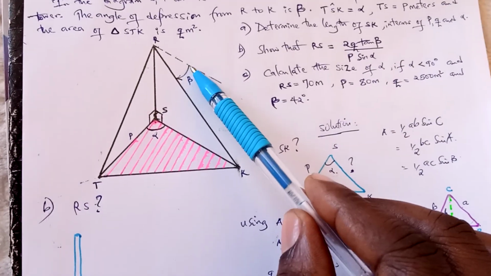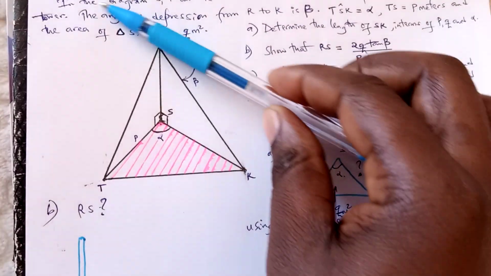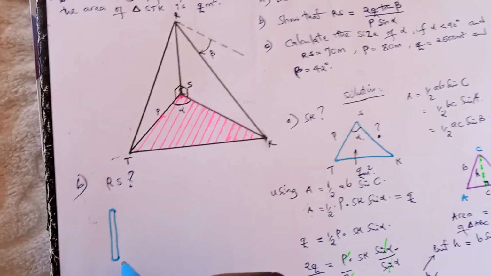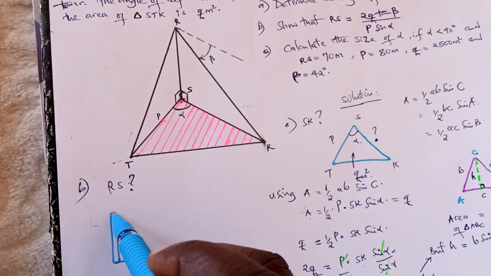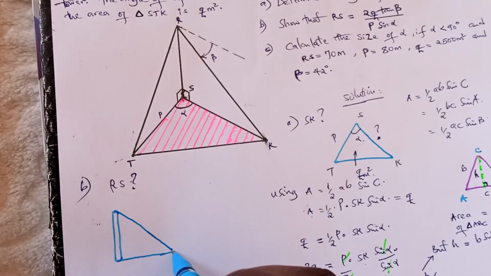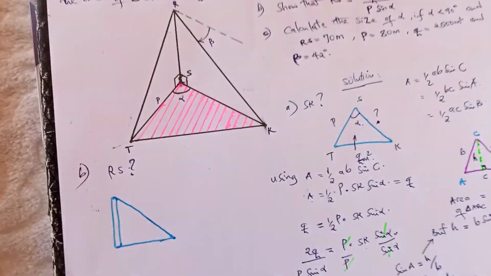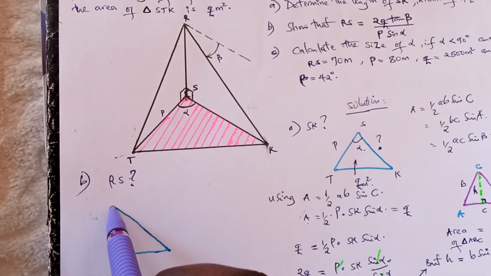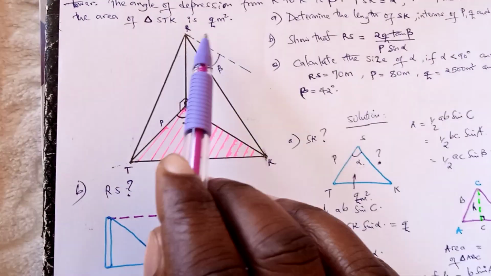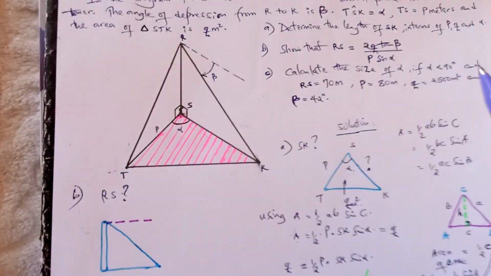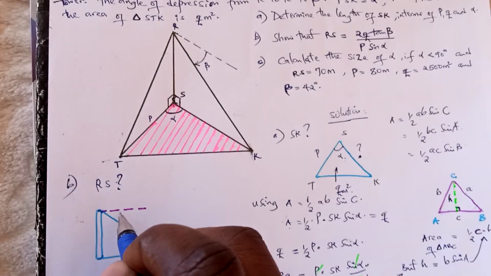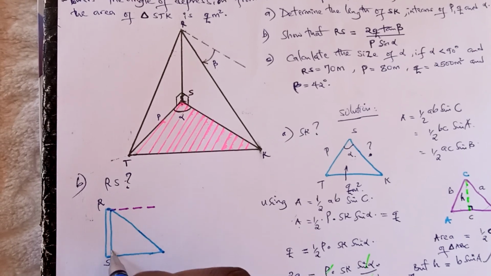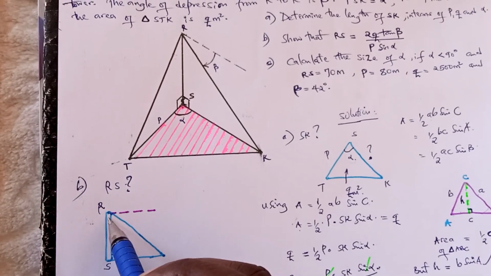We have beta, and this is a horizontal line. This is the horizontal from R. You see this line? This is the horizontal from R. And if this is R, this is S, this is a tower.